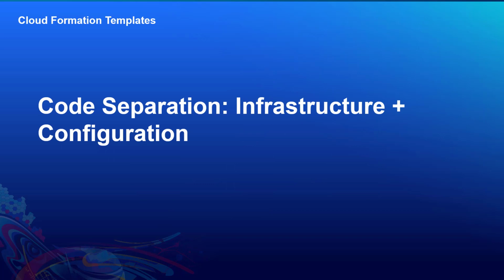Now, I hesitate to get into this part, but I feel like I need to. I need to explain a little bit on how we make our software, how Esri codes our AWS CloudFormation templates. And it's important because these are things that have been impacting your user experience from an upgrade perspective. What we've done since 10.1 essentially is we have code that sets up your infrastructure, and we have code that configures ArcGIS Enterprise.